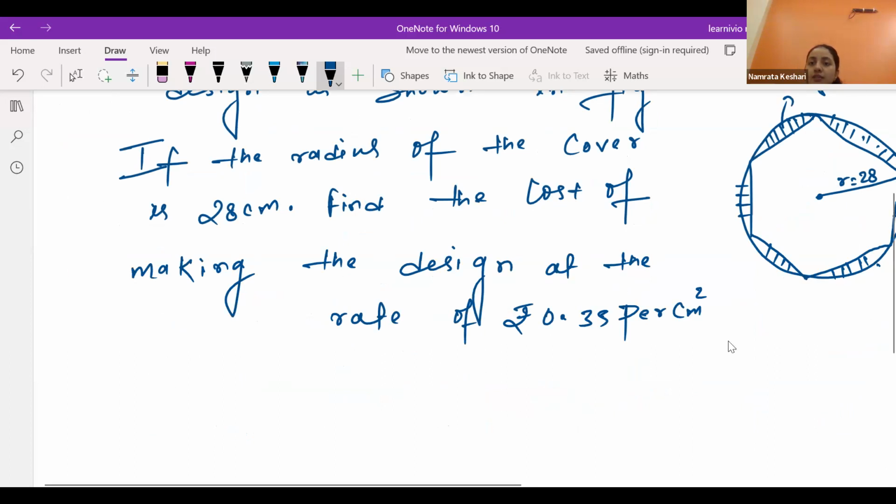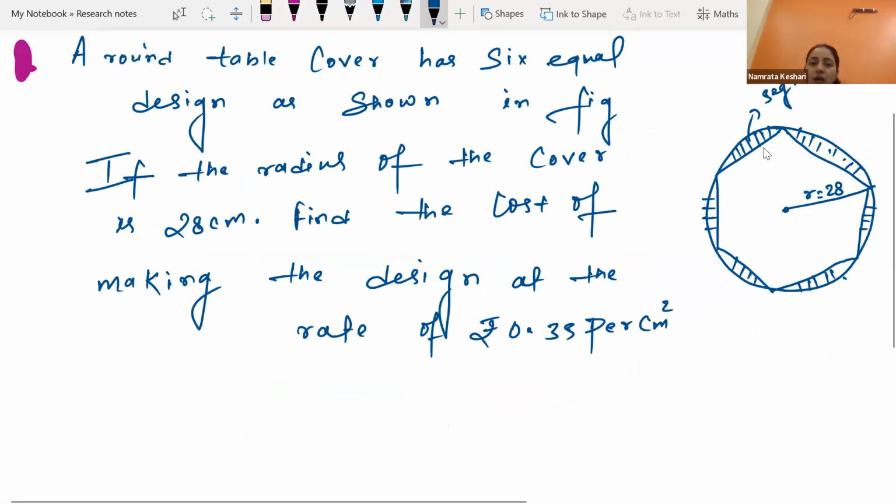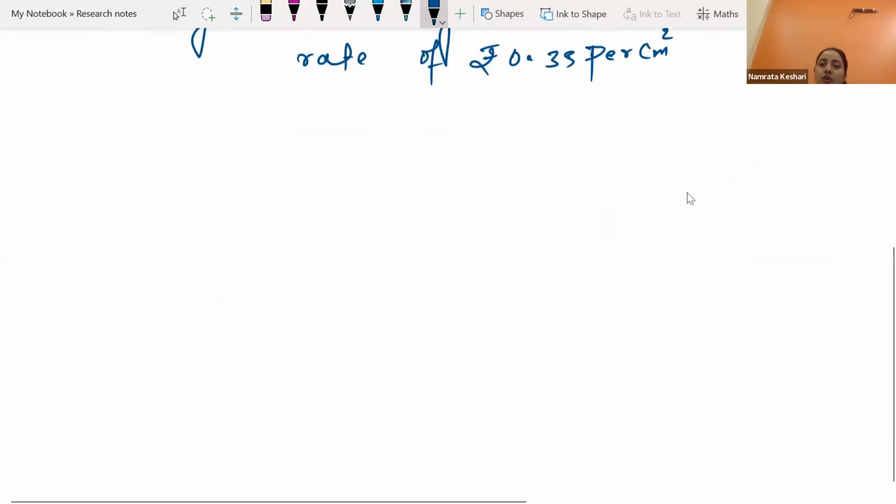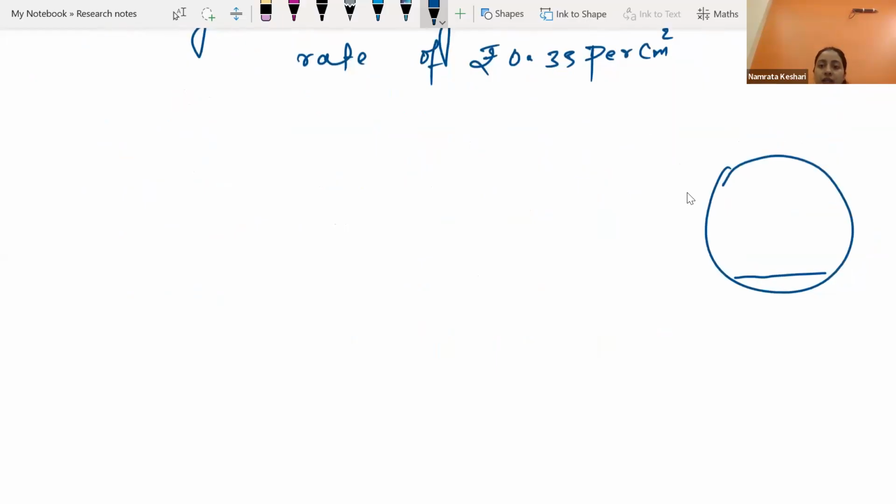So here we are having six segments, all are same, and for finding the segment's area, we have already done the discussion that if we are having a segment like this, and we have to find this area, we take the help of the sector's area. We first try taking out what is the angle over here.